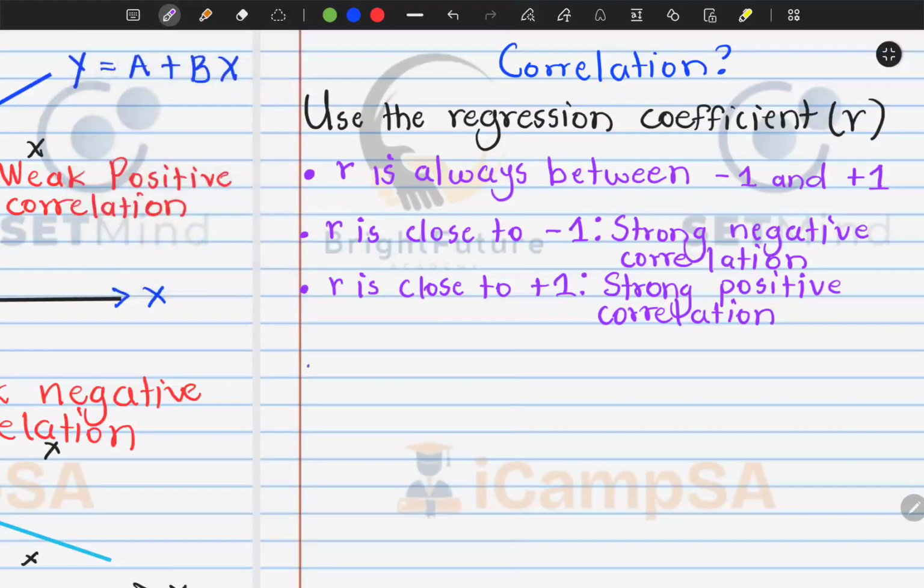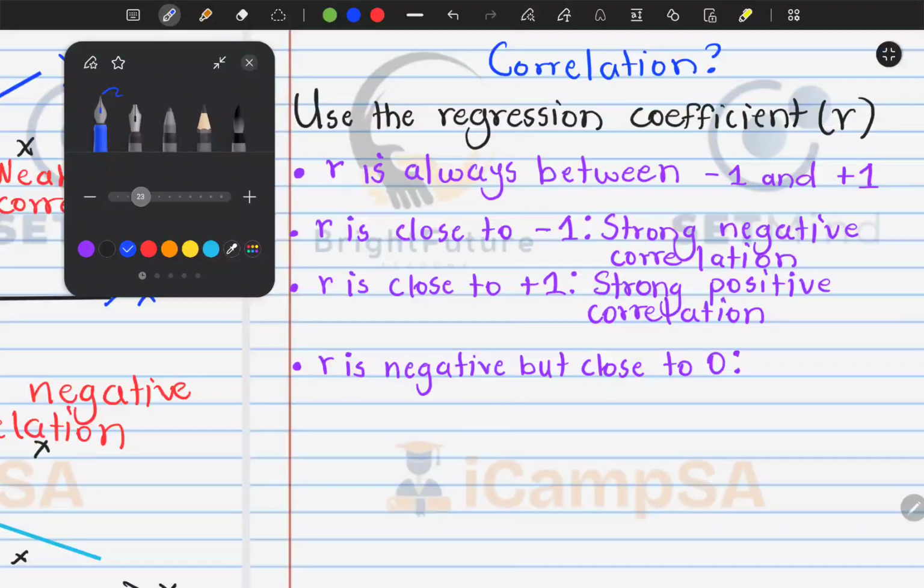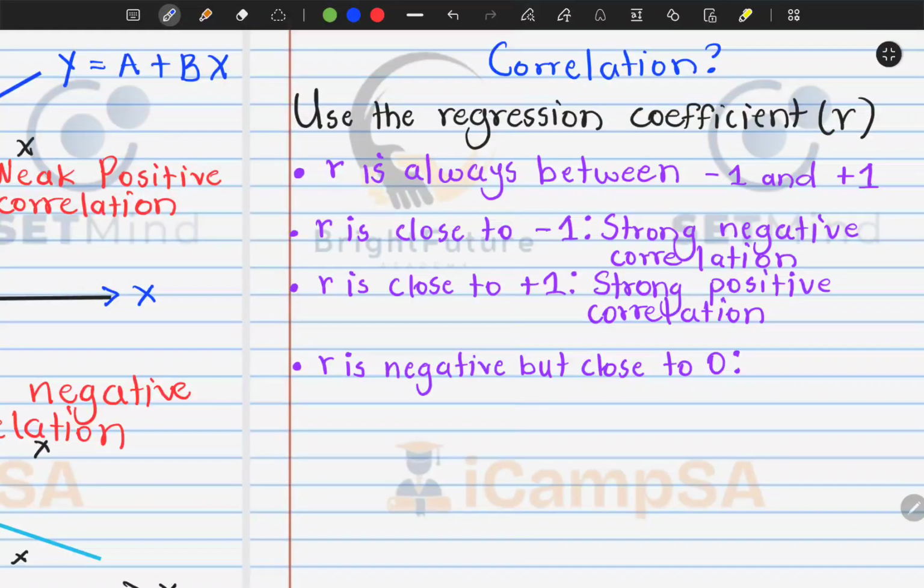Okay, let's look at other cases. So if R is negative but close to 0, what you should notice, it's negative but close to 0. So what this means is we have a weak correlation, but because it's negative, it's going to be a weak negative correlation.